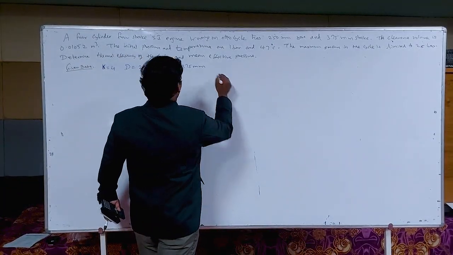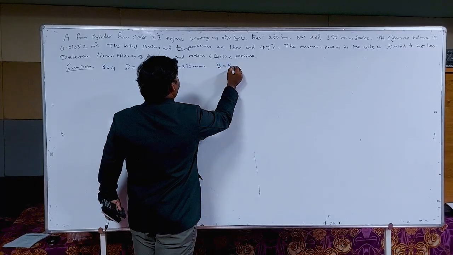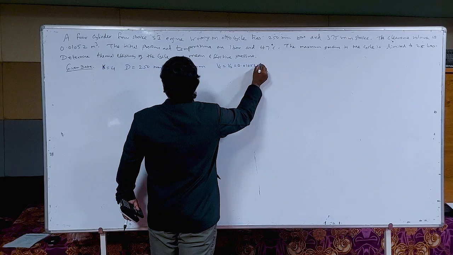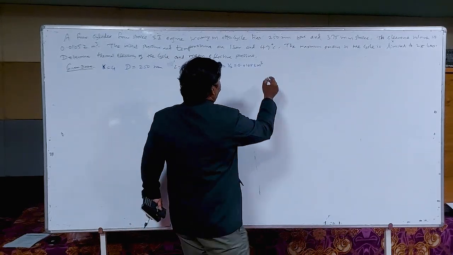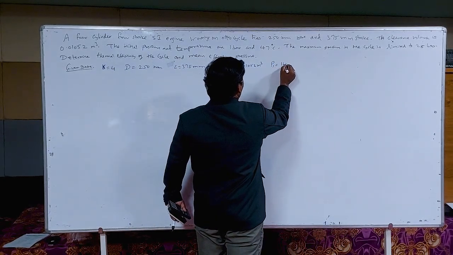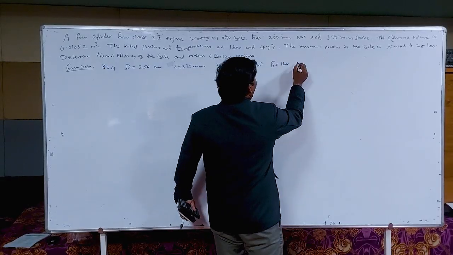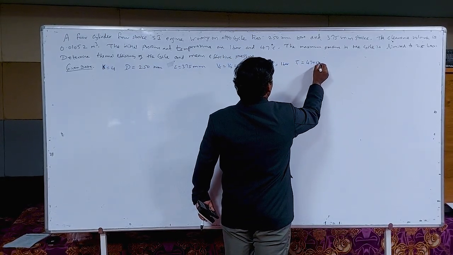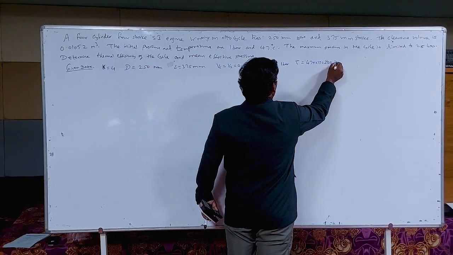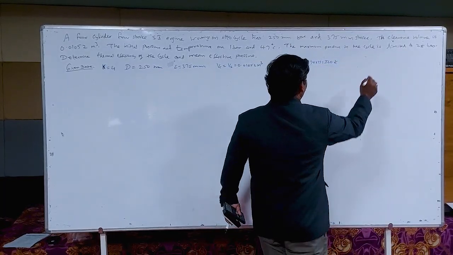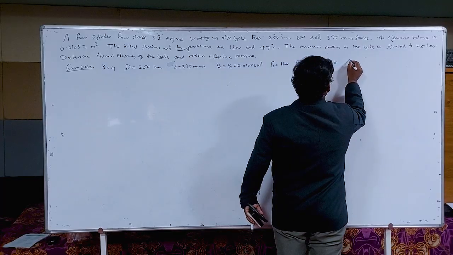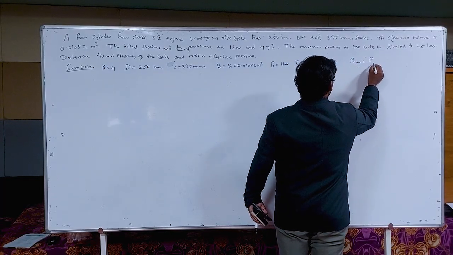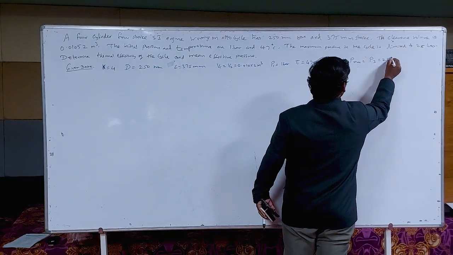The clearance volume is Vc, that is equal to V2, is 0.01052 meter cube, and pressure at the initial stage is 1 bar, and initial temperature is 47 plus 273, 320 Kelvin. The maximum pressure in the cycle is Pmax, that is equal to P3, is equal to 25 bar.